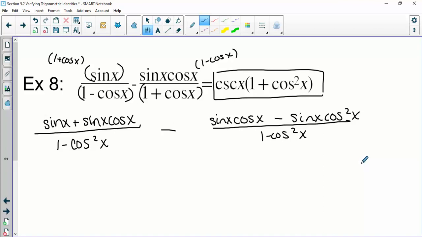Definitely far from beautiful, but we do have a common denominator now. So we can put these together. I'm going to make this a plus and distribute my negative. When I put them together, I have a sine x, but my sine x cosine x and negative sine x cosine x cancel.